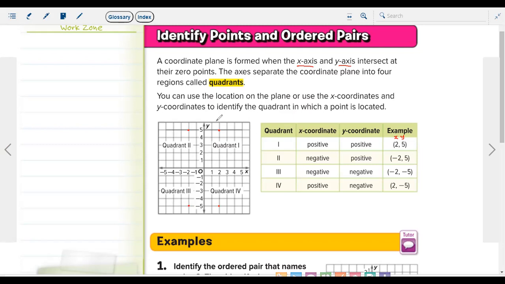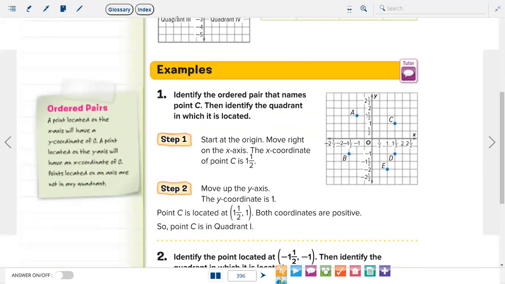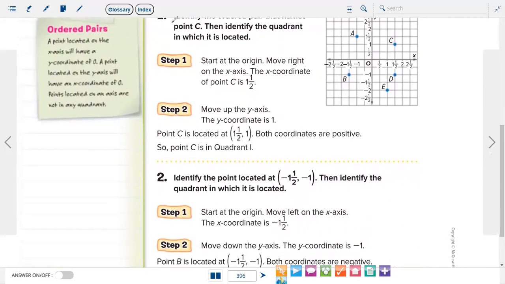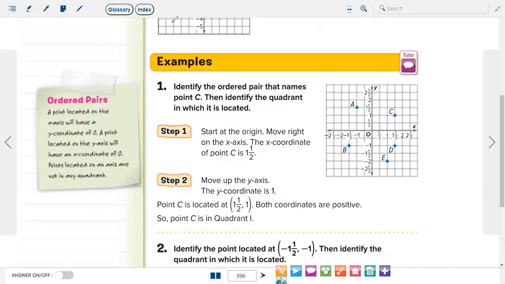This system is called the coordinate system, and this is how we are going to work together for this lesson. Let me show you how. For example, in this graph, identify the ordered pair that names the point C. This is point C. As I told you, we always start from 0, and we always mention x first.